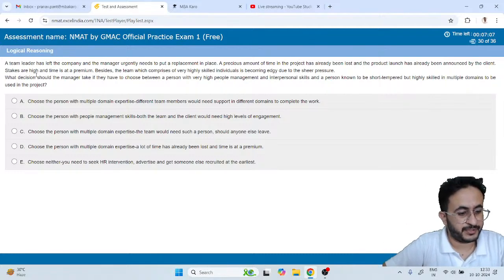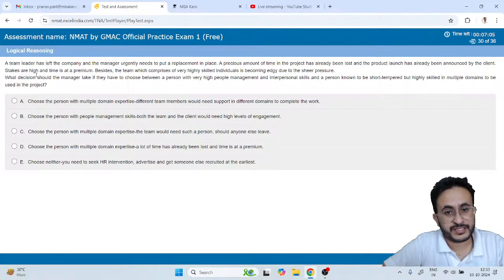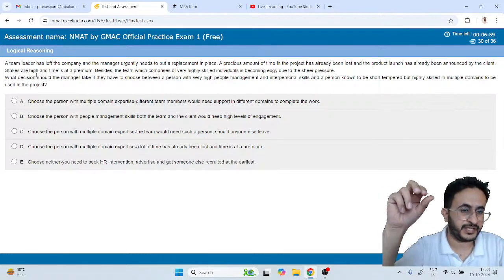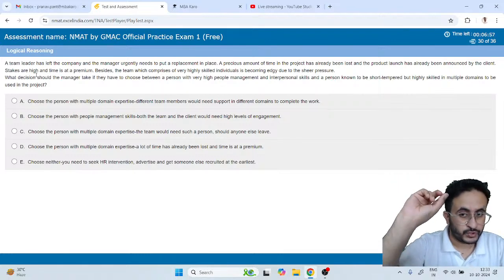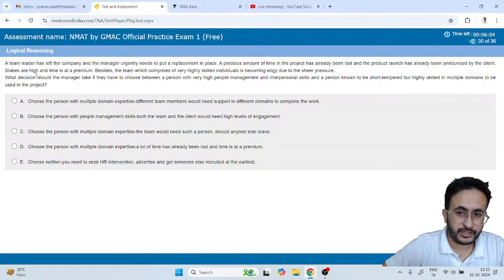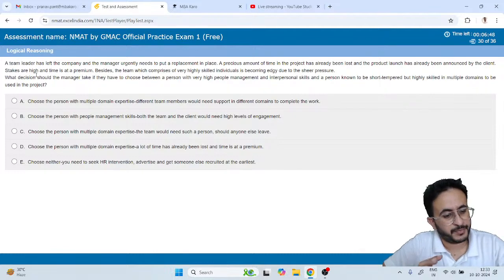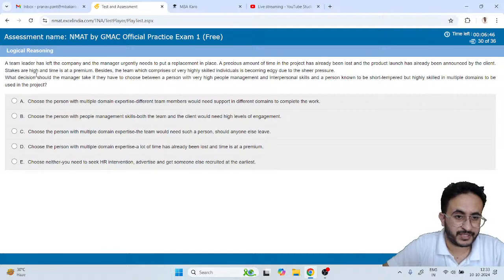We have to choose a team leader. So even though his skill, he should have good people management skills. Because here we are dealing with a team, it is not about that individual. So even if his skill in other domains is low, that is fine, but his people management should be good. He should be able to manage skilled team members.